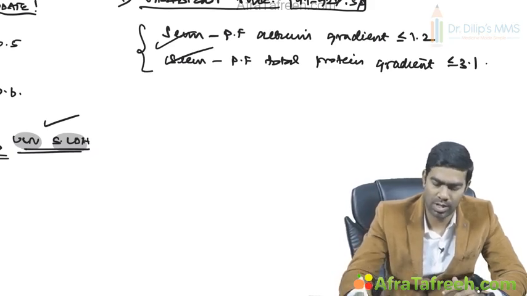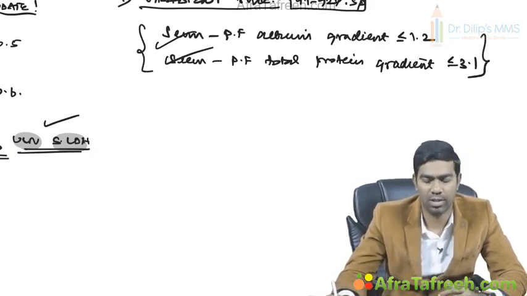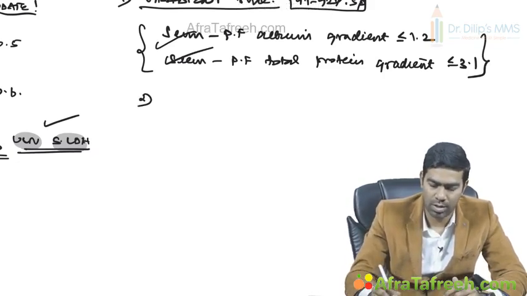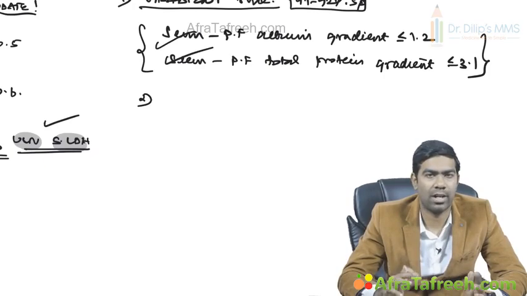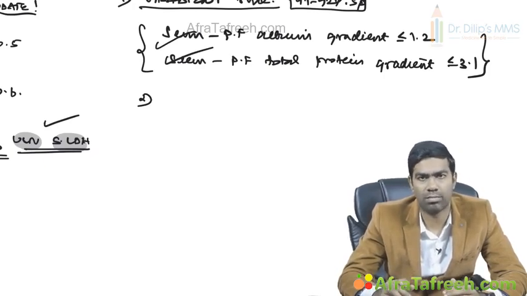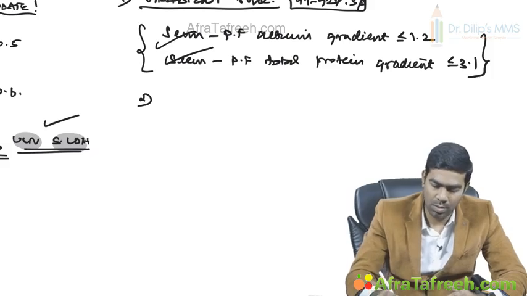So this is very important as it has high specificity. This is what we refer to as the gradient rule for exudate. Remember, pseudo exudates will not satisfy this rule. After diuresis, if the fluid looks like an exudate but actually is a transudative fluid converted to exudate-like fluid because of the diuretic effect, Light's criteria fails, but this criteria won't fail. Clear? Number 2, you have Hefner's 2-test rule.